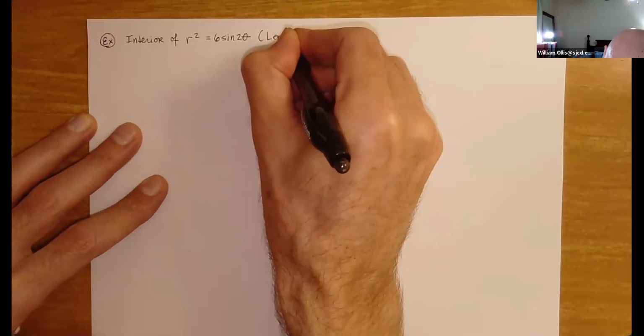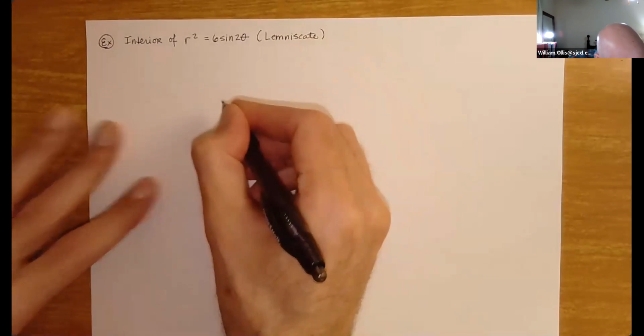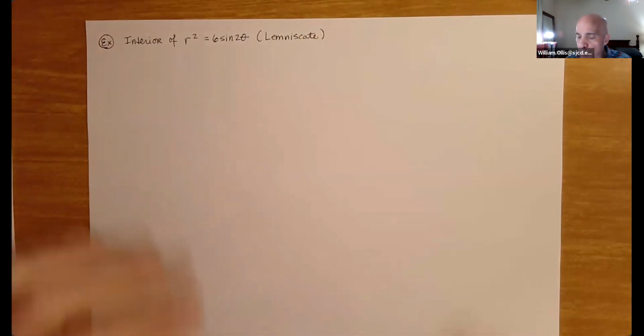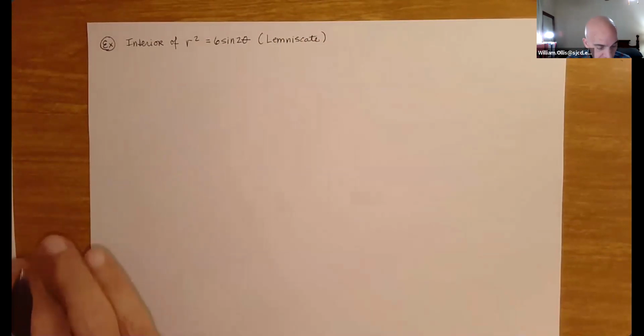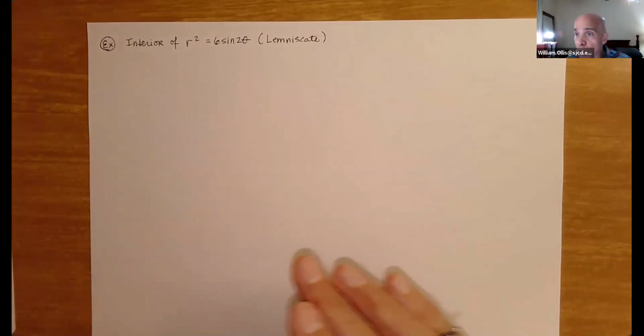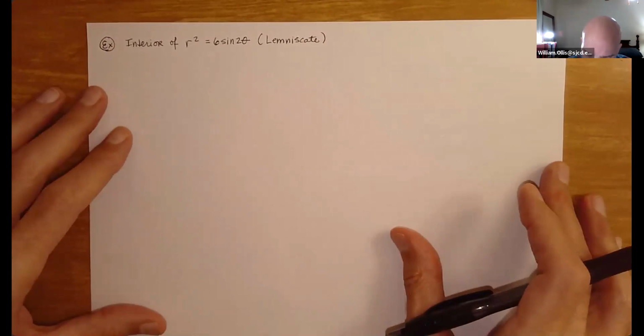It's a figure 8 lemniscate. And when we say interior, there are going to be two loops. So by the symmetry of the curve, we can just, for instance, compute the area enclosed by one and double it. So that is something we're accustomed to.